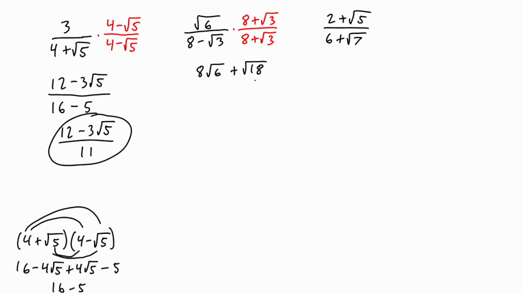And then over, and again we can just do difference of squares, so we're going to have 64 minus 3.